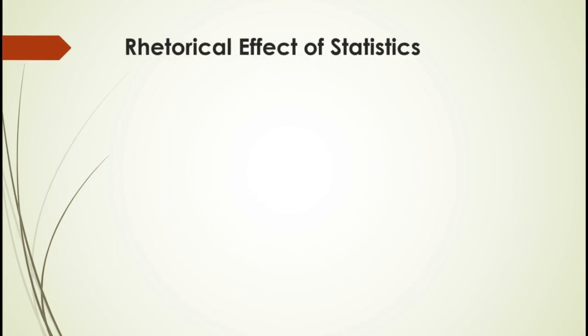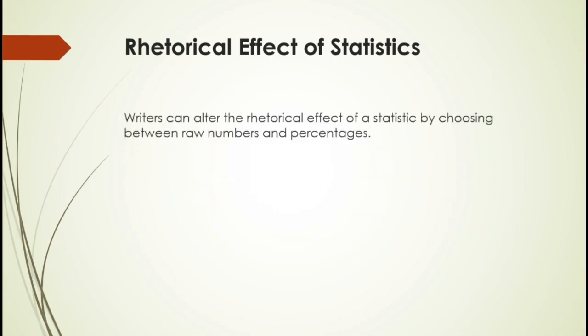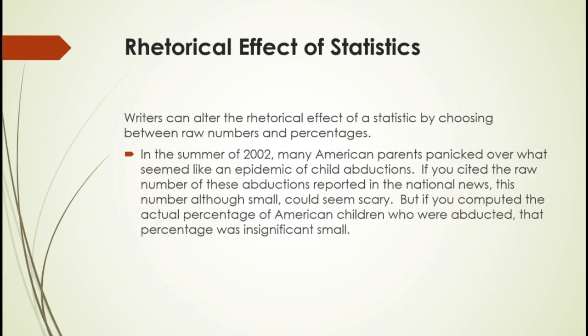The mode used to interpret the data can alter the rhetorical effect of a statistic. As the Writing Arguments textbook shares, writers can alter the rhetorical effect of a statistic by choosing between raw numbers and percentages. In the summer of 2002, many American parents panicked over what seemed like an epidemic of child abductions.